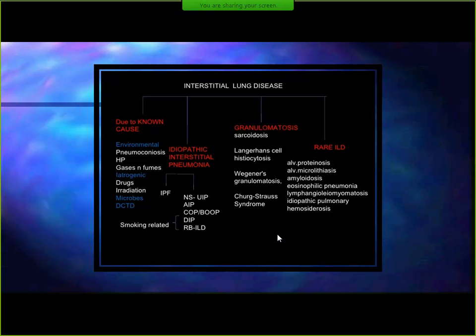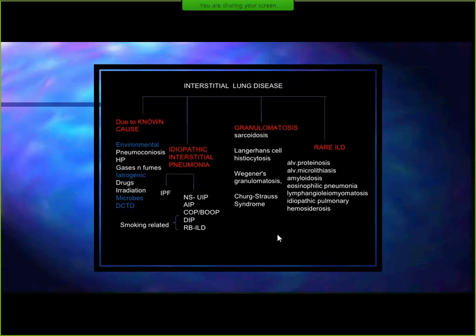Then we have the nonspecific interstitial pneumonias, the pattern on pathology that has a better prognosis. And that pattern is usually related to collagen vascular diseases. It could be idiopathic, but very often collagen vascular diseases.